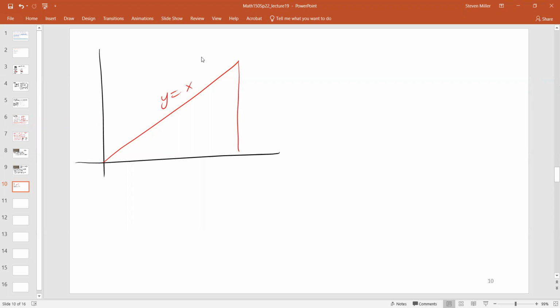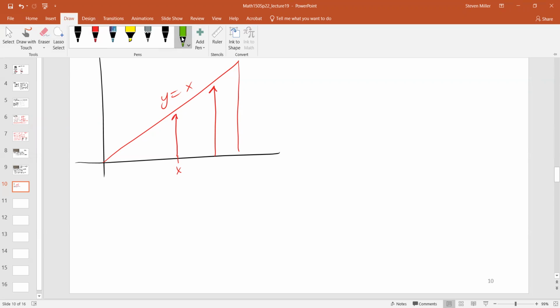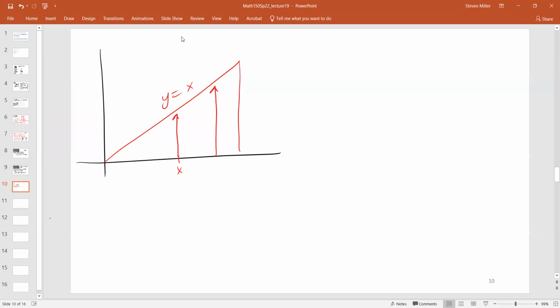Now, when I view this, one of the ways I can view this is I can fix a value of x, and then I look and see what is the range of y for that value of x. What's the other way I could do it? So that's fixing a value of x and looking at the range for y. What else could I do?